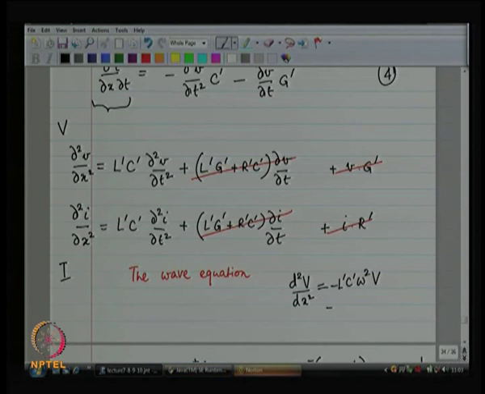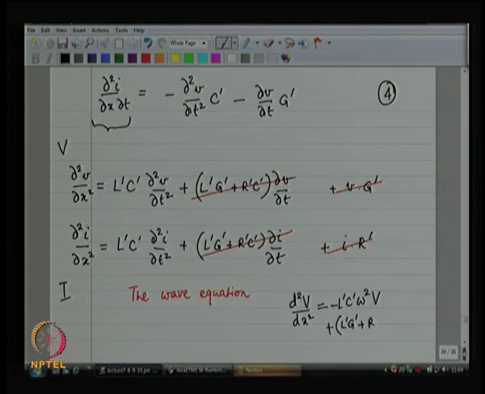And the second term will give you, what is the first derivative of the phasor V? It is j omega times V. And the third term is V times G prime.